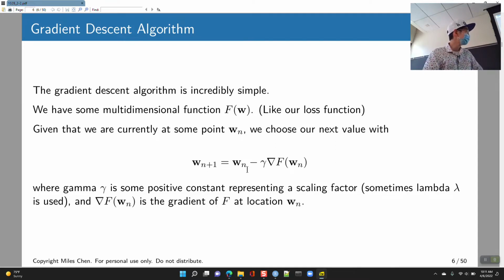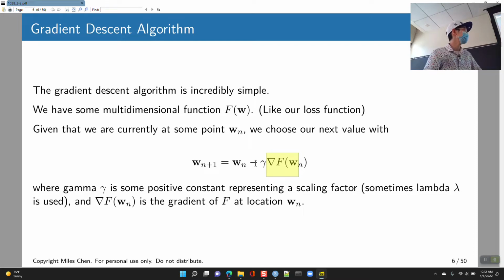We take our current estimate, and then we subtract off the gradient at w. We calculate the gradient, nabla of f of w, which is the gradient of the function and represents the direction of greatest increase, and we just subtract that off.